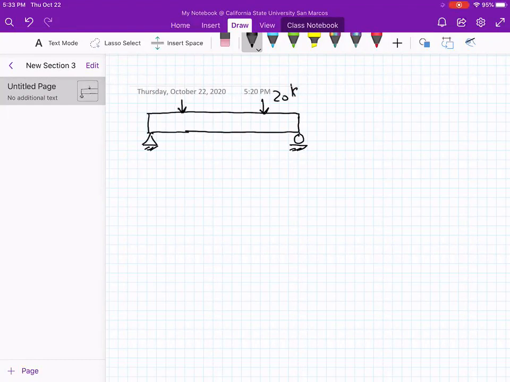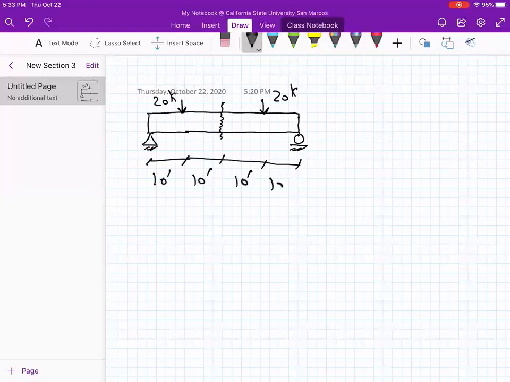It's 20 kips, 20 kilopounds. And let's see, I want to find this maybe in the middle. Let's just put 10 feet here. And this is a section AA, right?